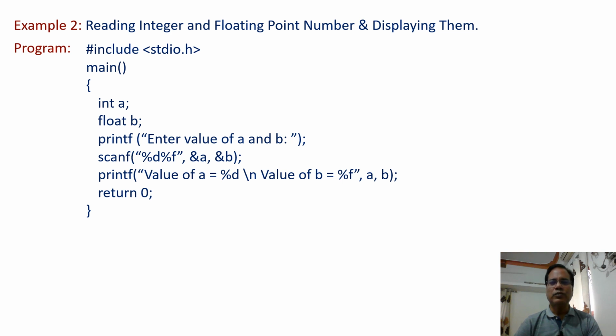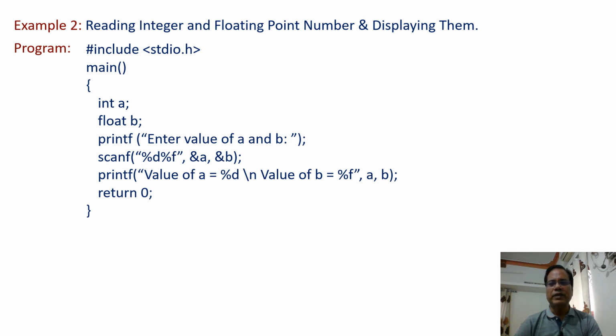Once we enter the data, they are stored in variables a and b, and then using the printf function, value of a equal to, at this point the value of a, which is integer data, gets printed, then \n.